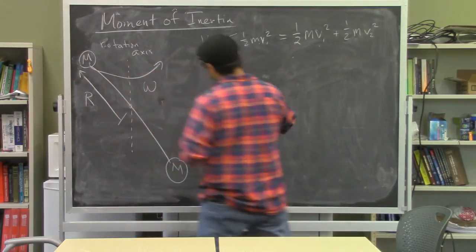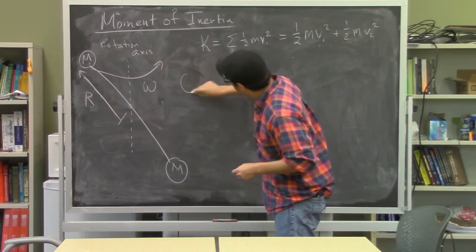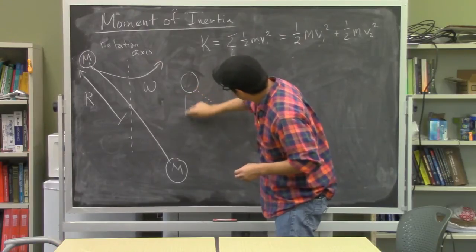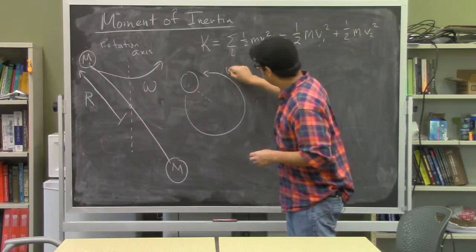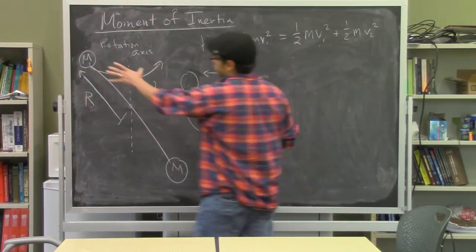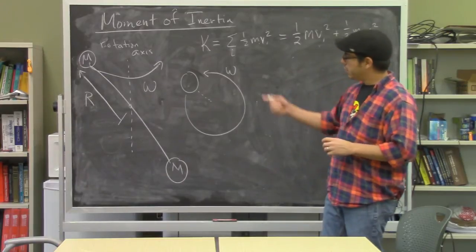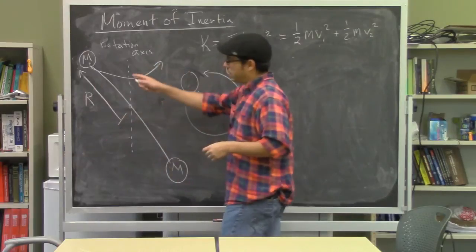And so if we take a top view of what's going on, let's look at the top object. It's rotating around in a circle like this at a constant angular speed, but the radius of that circle that it is actually rotating around is not r, this distance between the object and its center of mass.